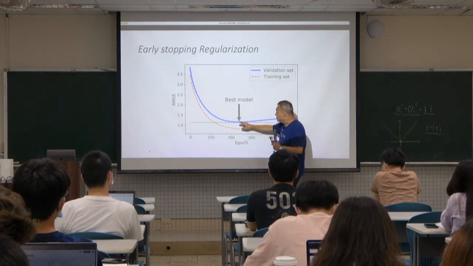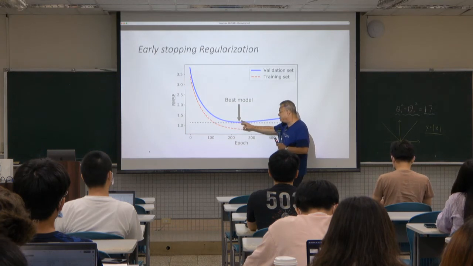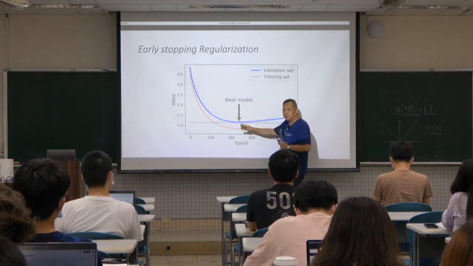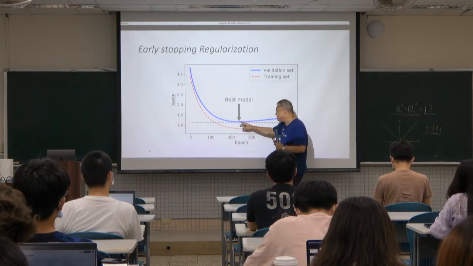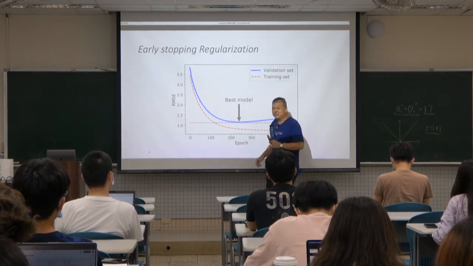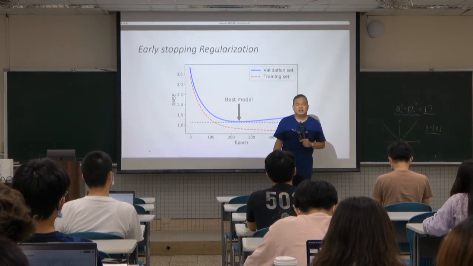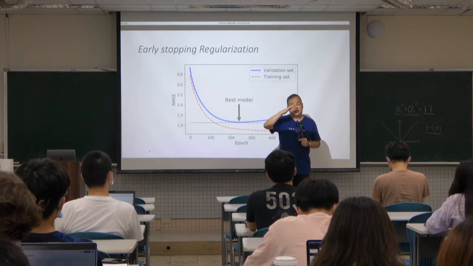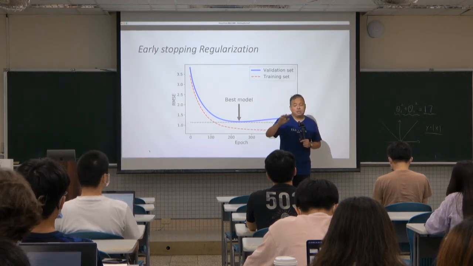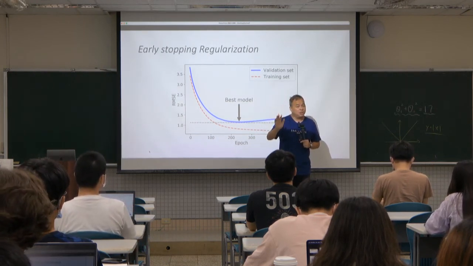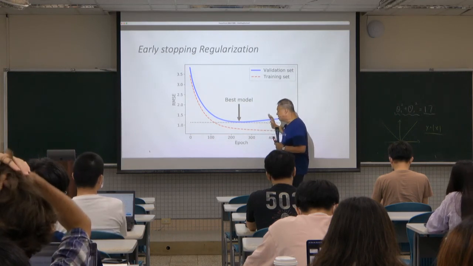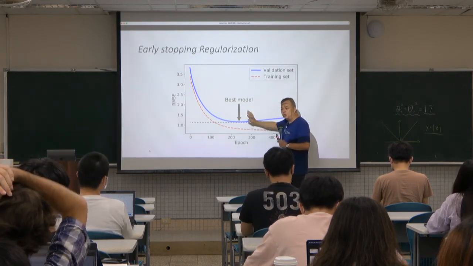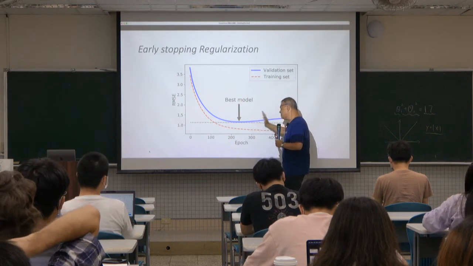After a number of iterations, say 5 or 10, if you still cannot find a lower validation error, then you should stop your model training. You cut it, you no longer train it further.